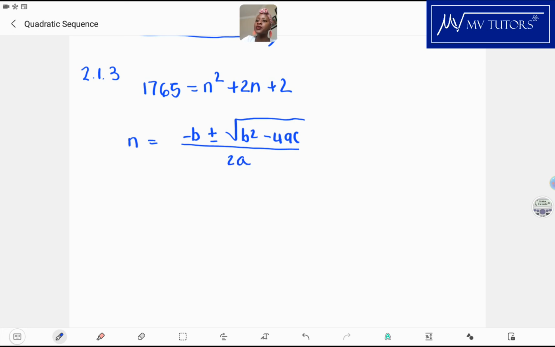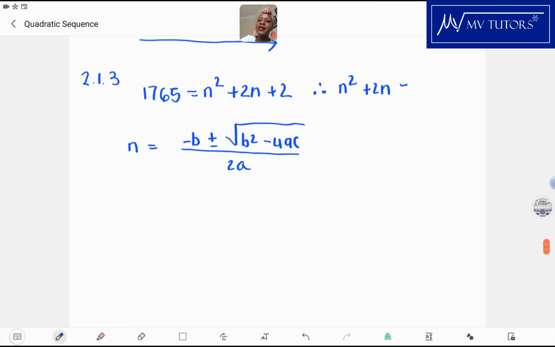If I were to rewrite this equation, it would be n squared plus 2n, and 2 minus 1765 will be negative 1763.